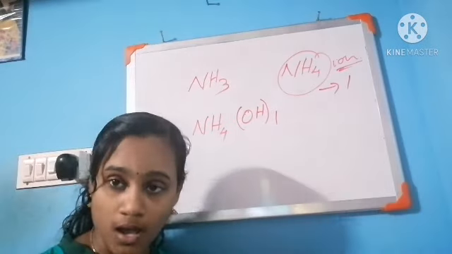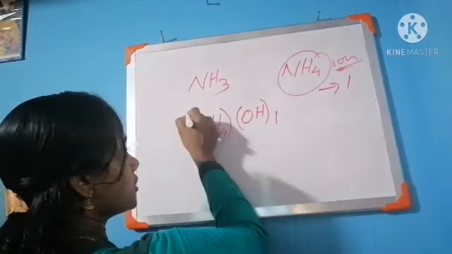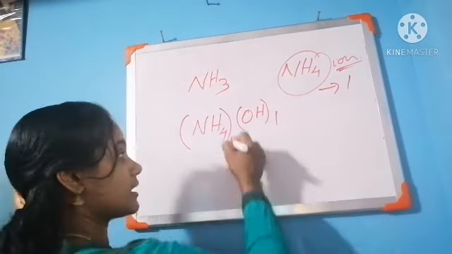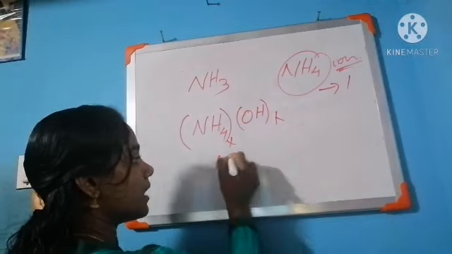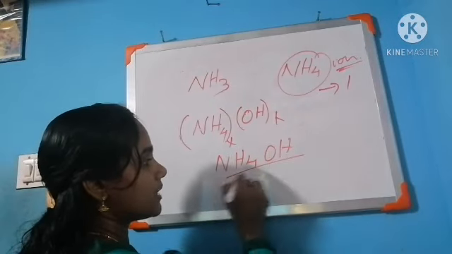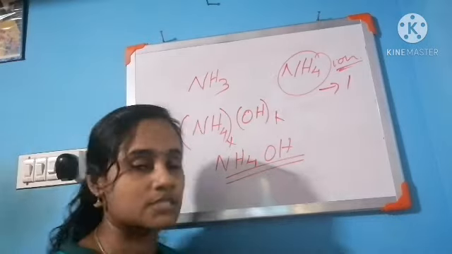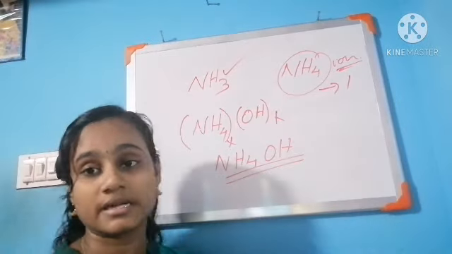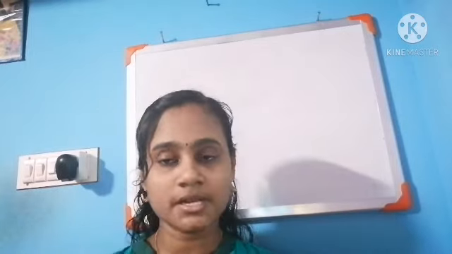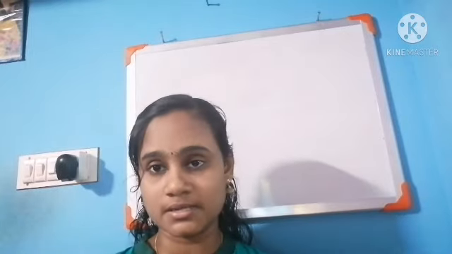Hydroxide valency 1, we should write it under the subscript of NH4. Same valency, so we can cancel each other. So we get the formula NH4OH. Ammonium hydroxide is NH4OH, but ammonia is NH3. Is it clear now?